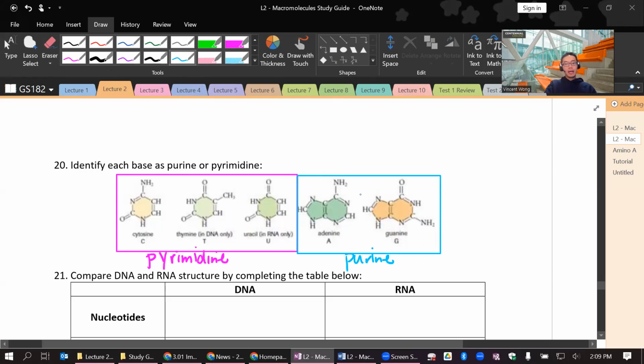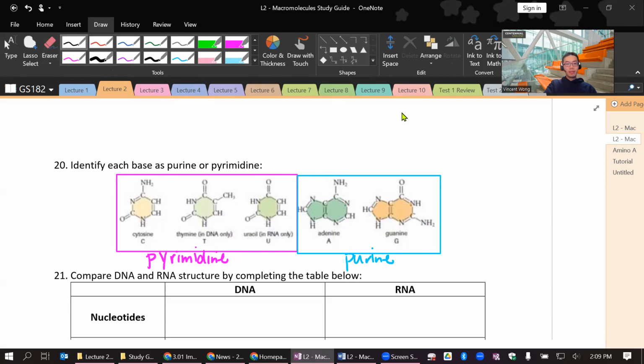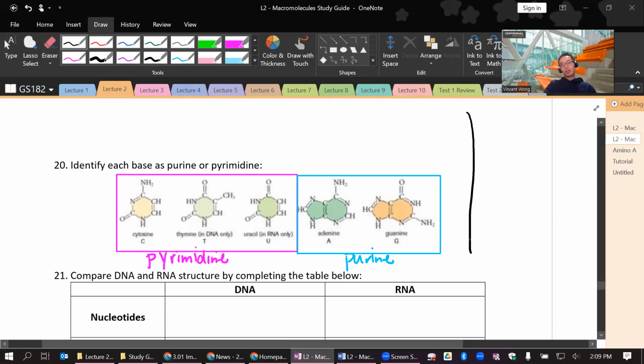Okay. And the purines will always pair with a pyrimidine in the DNA. So if you think about the DNA, which is a long double strand molecule, right? You will always have a purine pairing with a pyrimidine. And the purpose, and listen carefully, the purpose of that is so that you can maintain a constant width across the DNA.